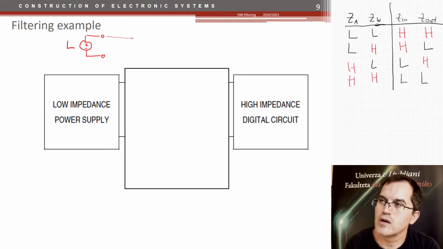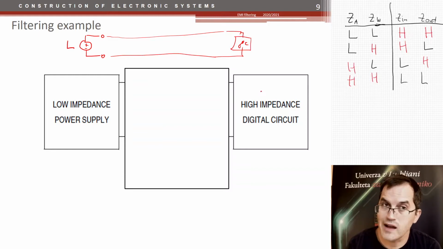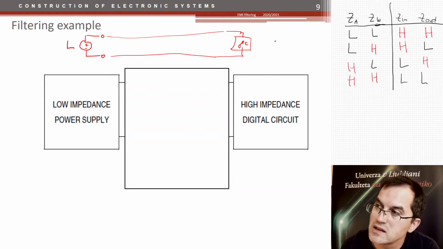Now, going on to the other side, we power a digital circuit, a microcontroller maybe, or something similar. Now here, this digital circuit, they say that it has high impedance. Why is that? Because it is actually composed of a very, very large number of small capacitors.